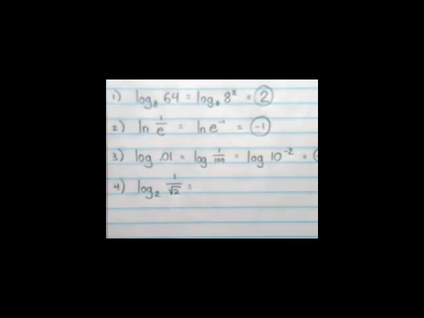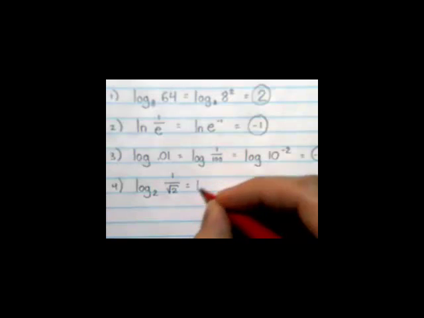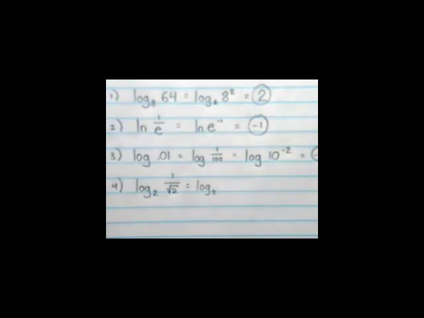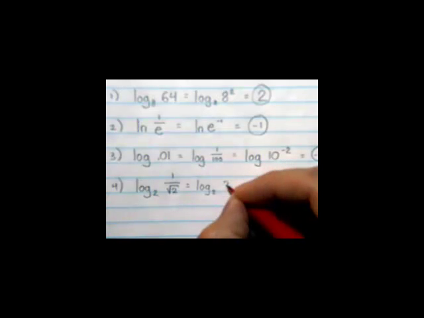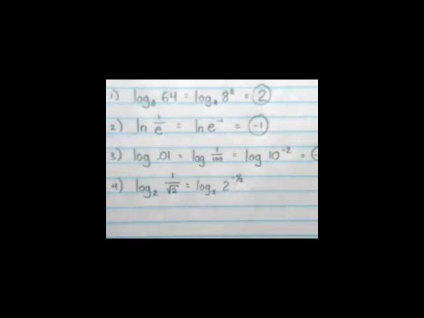All right, and then the last one, log base 2 of 1 over the square root of 2. Anybody come up with a way we could rewrite that one to get it going? Log base 2 of something different that's more helpful? Yeah, go ahead. Log base 2 of 2 to the -1/2. Good. Yep. Does everybody see why that's -1/2?